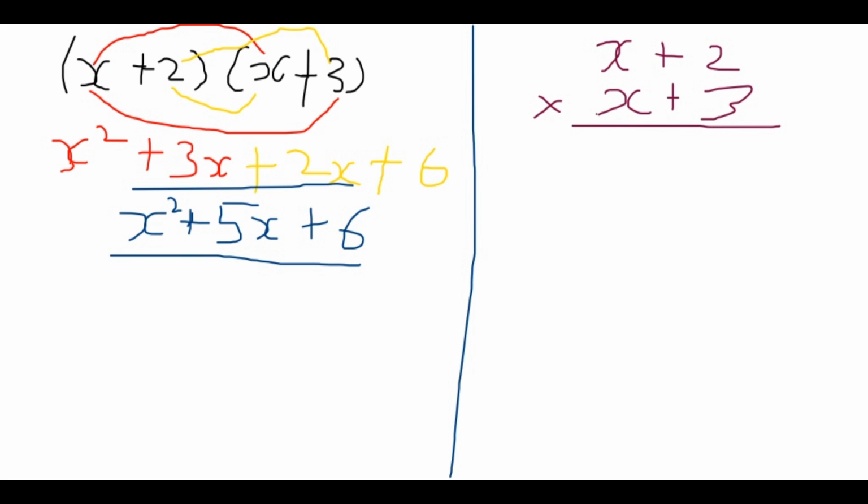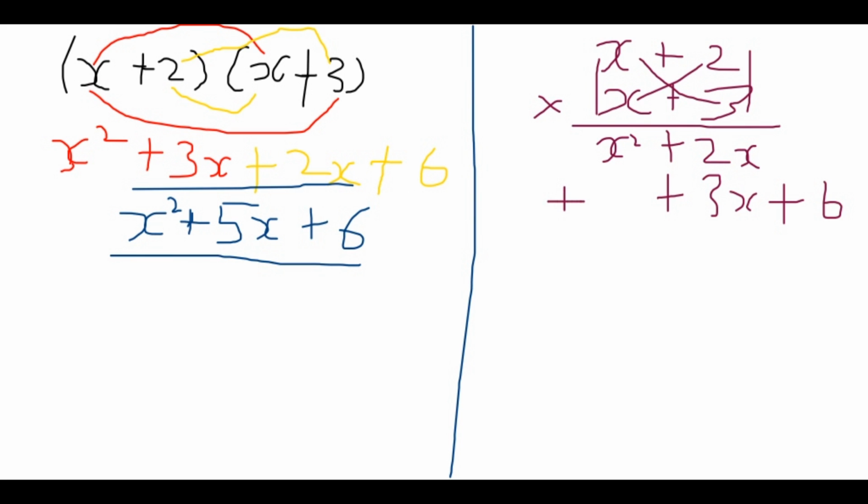Now first, to multiply x by x, that will give us x squared. Then multiply x by 2, then we'll have 2x. Next, to multiply 3 by x, then go to the next row. So we'll have 3x, and next multiply 3 by 2, and it will give us 6.